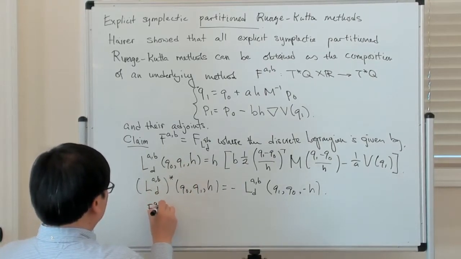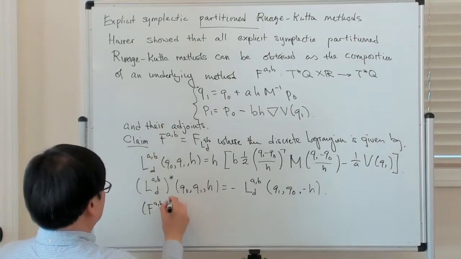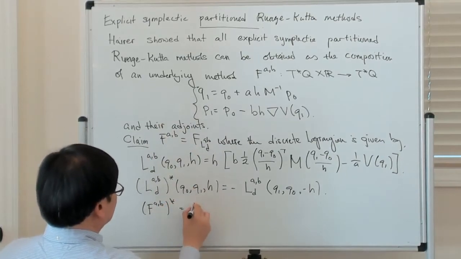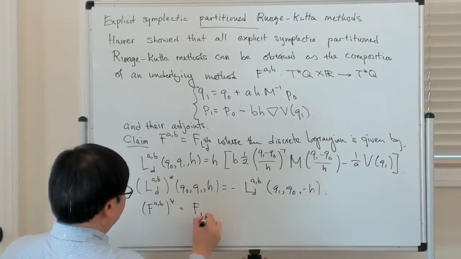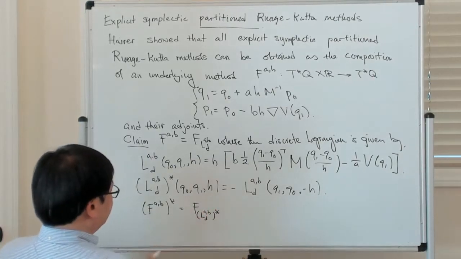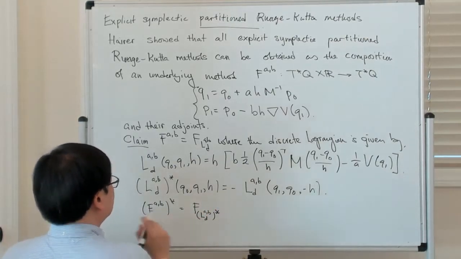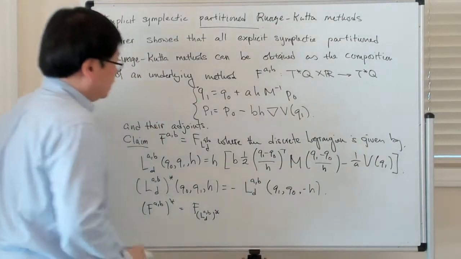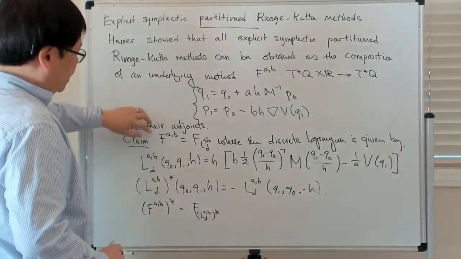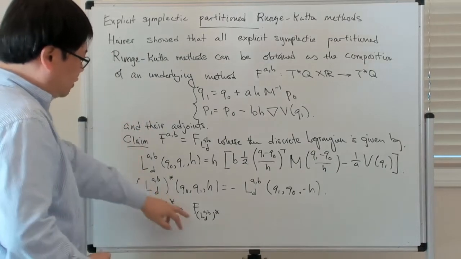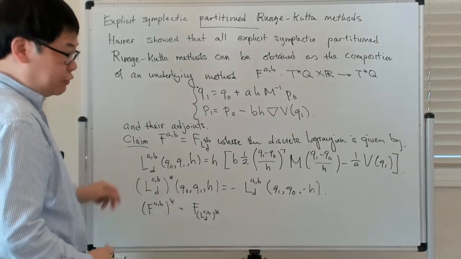The adjoint of this method is equal to the Hamiltonian flow map of the adjoint discrete Lagrangian. So this tells you that both this method and its adjoint can be obtained by some suitable choice of discrete Lagrangian.